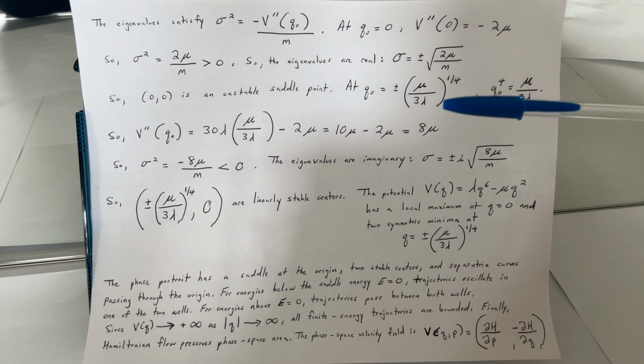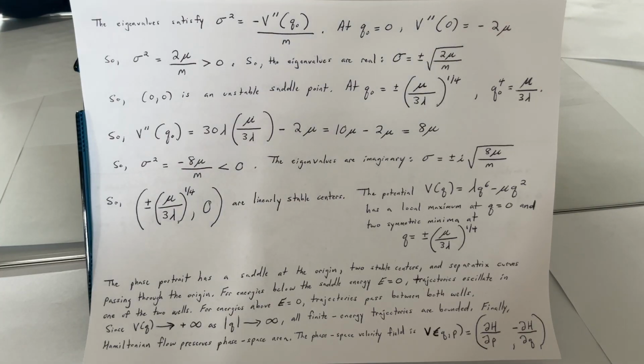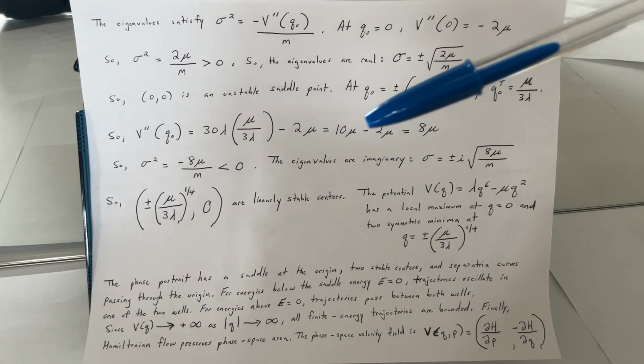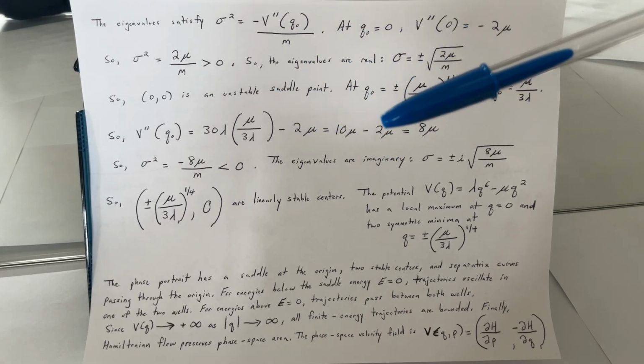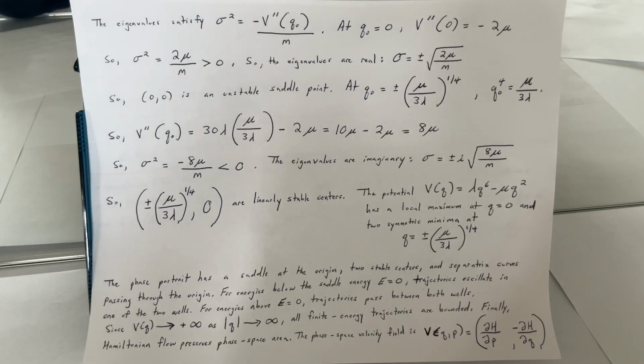And at q naught equals plus or minus mu over 3 lambda to the 1/4, where q naught to the 4th equals mu over 3 lambda, V double prime of q naught equals 30 lambda times mu over 3 lambda minus 2 mu, which equals 10 mu minus 2 mu equals 8 mu.